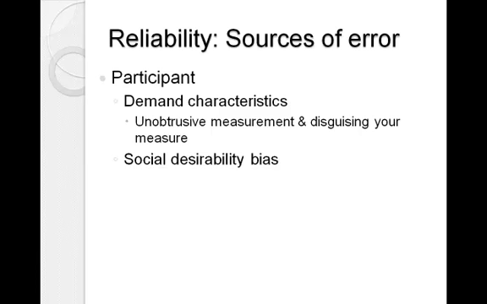And typically, what researchers do when this is a concern is they measure social desirability. There are a couple of scales out there that are designed to measure the tendency for someone to represent themselves in a more positive light than is warranted, or in a socially desirable way. And then they'll see if that measure correlates with the measure of the dependent variable.